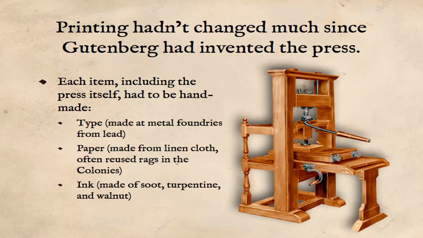And like I mentioned, U of O has an old book from the Roman days that's made of linen cloth, and it's really interesting to look at because linen cloth lasts a lot longer than paper does because there's no acid in how you make the material, and so it tends to just last over time. It doesn't degrade. And the ink at the time was made of soot, turpentine, and walnut.